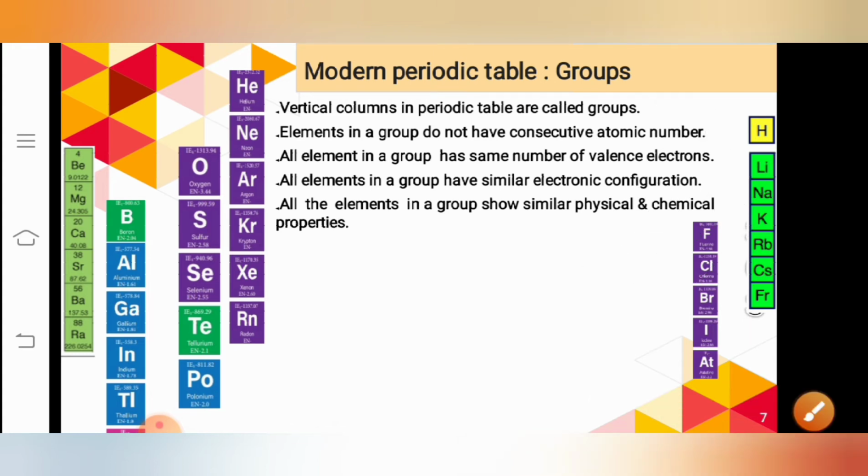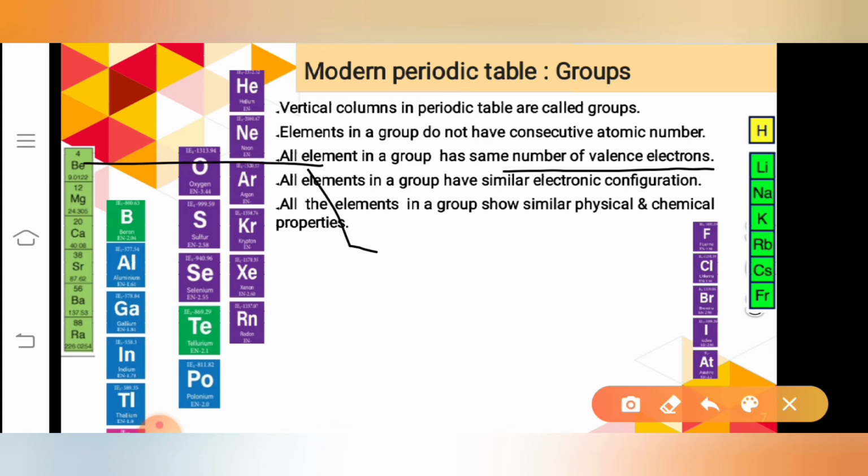And elements in a group have the same number of valence electrons. I repeat, elements in a group have the same number of valence electrons. I'll give another group example. It is beryllium, atomic number 4, and its electronic configuration is 2, 2.